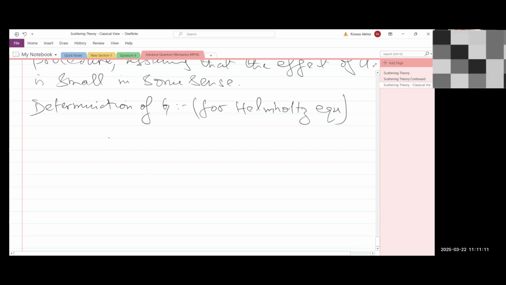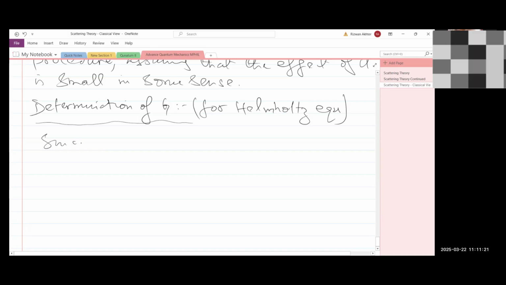Now, we know here that g of r comma r prime is equal to g of r minus r prime. And why is that?